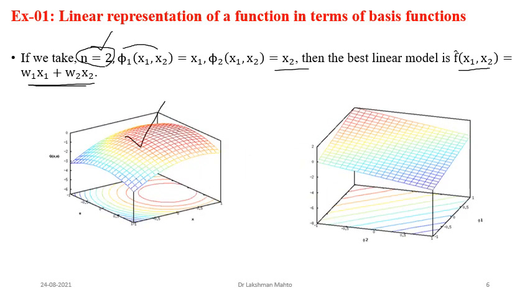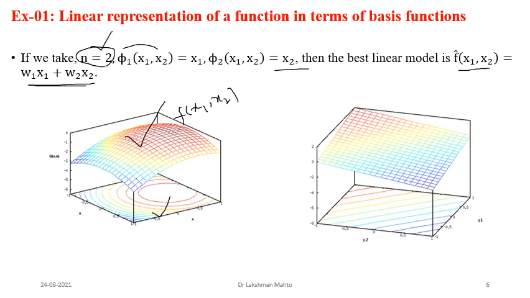This one is your actual function, that is, the function f of x, y, and these are the contour plots. For better understanding of any surface, you should always plot the contour as well. The contour plot always gives more insight into the function.